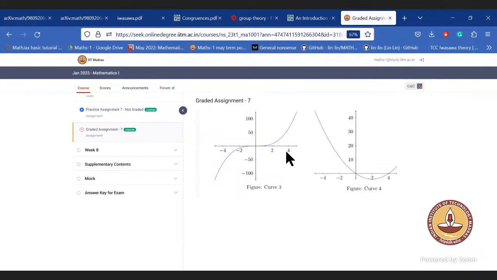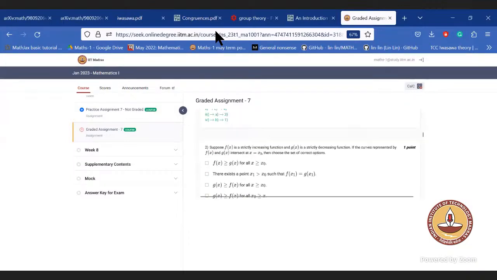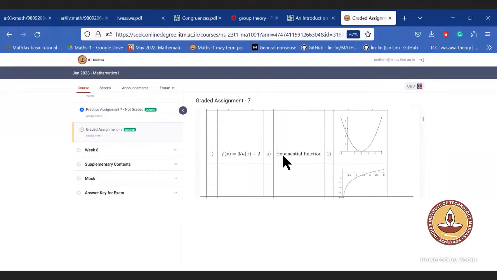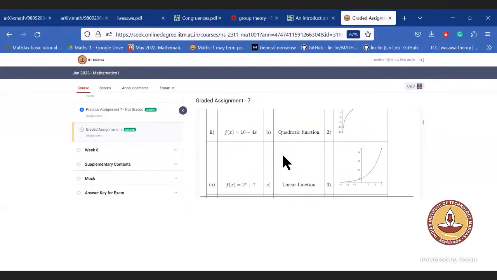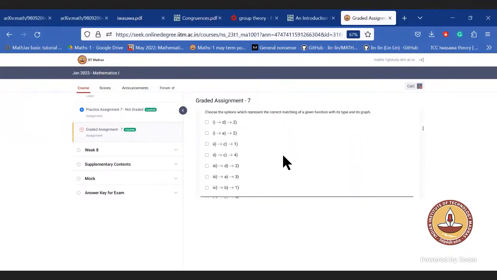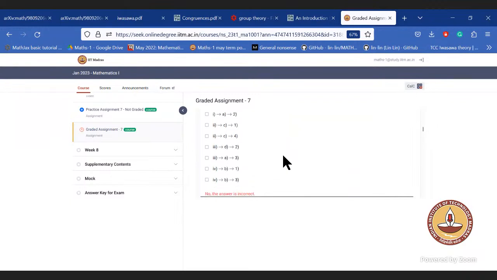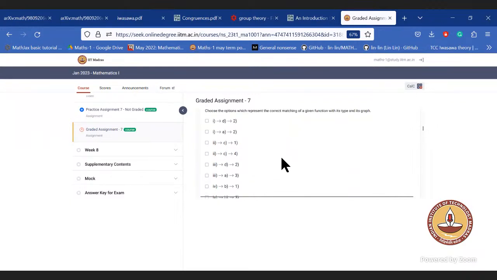Thank you. Sir, I have also a doubt in the same graded assignment. Can you go to question number 1? Sir, is option 6 exactly correct? None of the graphs match the equation. I put the equation in Desmos. 1, 2, 3, 4, 5, 6.